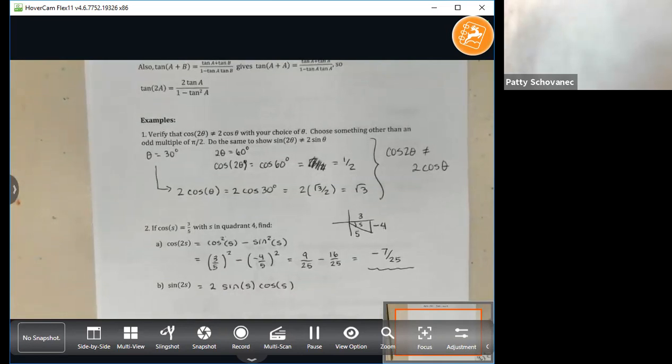The picture tells us the sine of S is -4/5. Plug those values in for the trig functions. And we're done. Multiply across the top. 3 times 4 is 12, times 2 is 24. It's a negative 24 over 25.